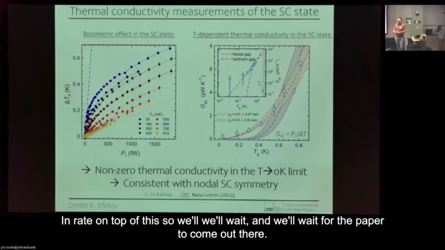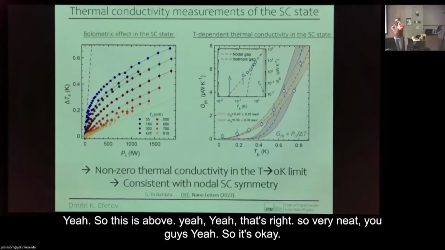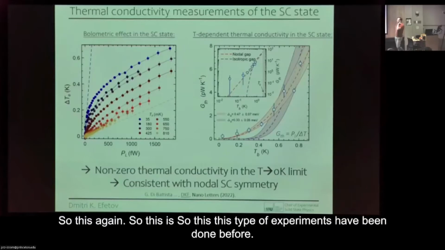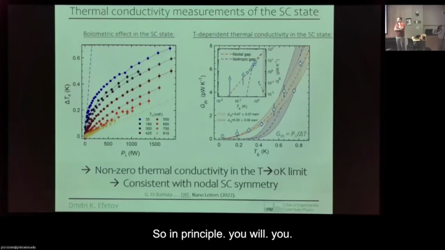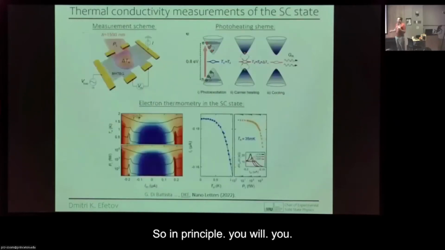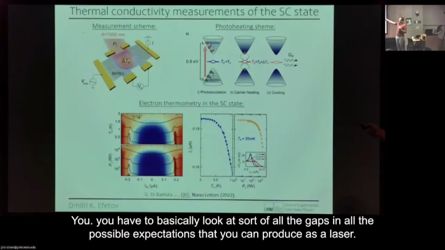Yeah. So this is above-gap excitation with the laser, right? Yeah, that's right. So, very naive question: how do you know that you don't break the superconductivity with the laser? So this type of experiment has been done before. In principle, you have to look at all the gaps and all the possible excitations that you can produce with a laser.